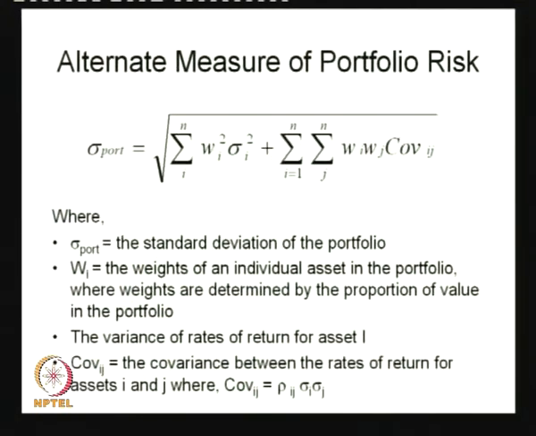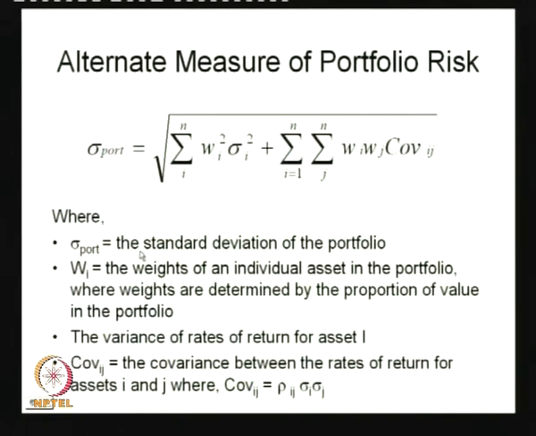So, as you suggested earlier, there is an alternate measure of risk here. As you discussed, the portfolio risk depends upon the individual risk, that is the standard deviation of the ith asset, the weight involved in that particular asset, as well as the covariance between the ith asset and jth asset. i can go from 1 to n, j can also go from 1 to n.